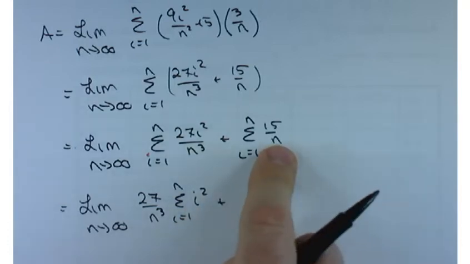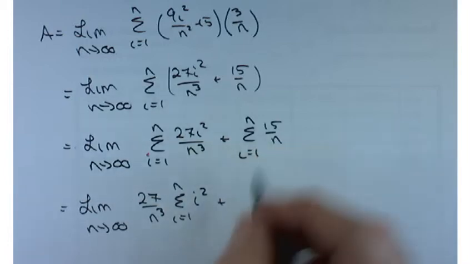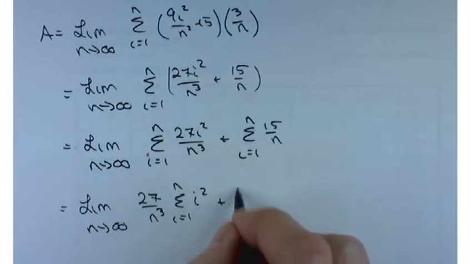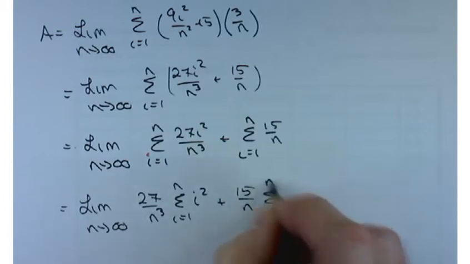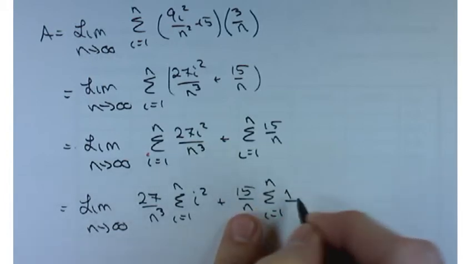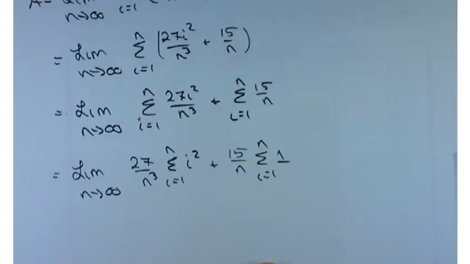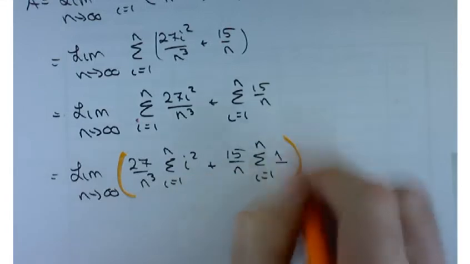Likewise, 15 over n doesn't depend on i, so I'll factor that out: 15 over n times the sum from i equals 1 to n. I've got to leave a placeholder, and that placeholder is 1. I want to take the limit of this whole thing.